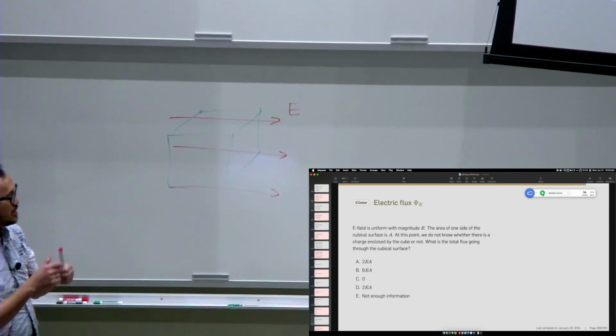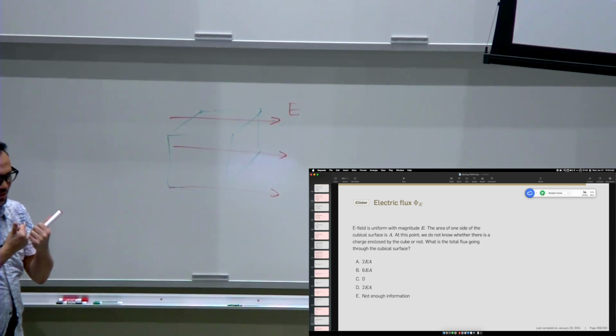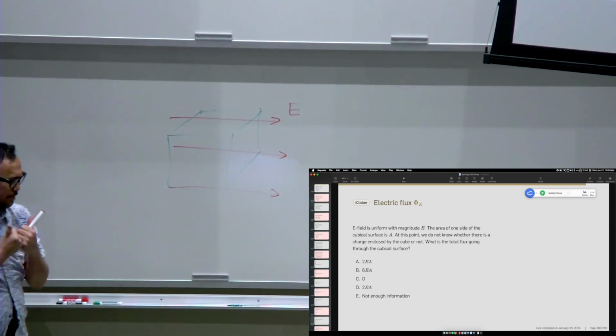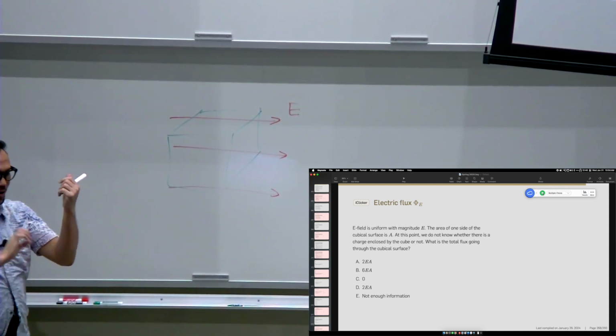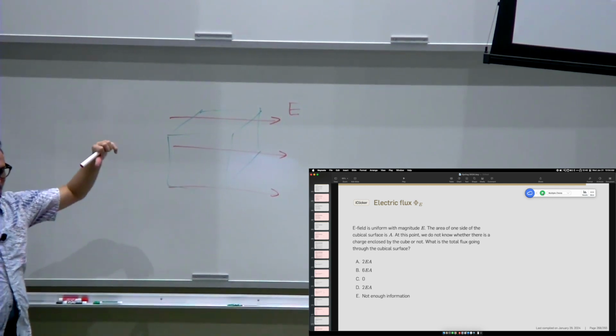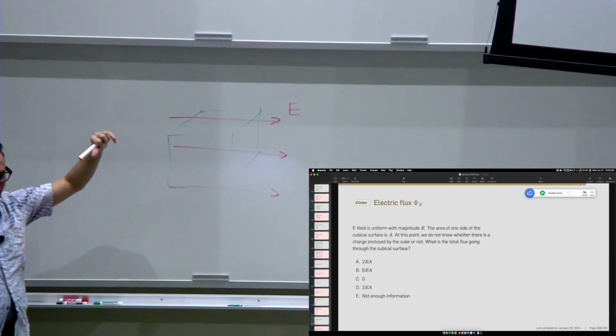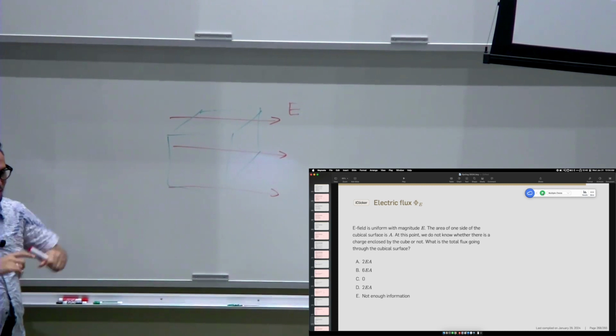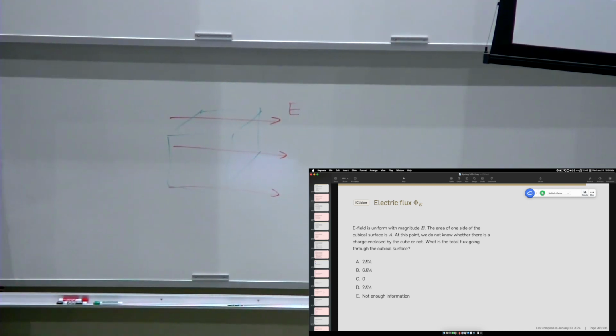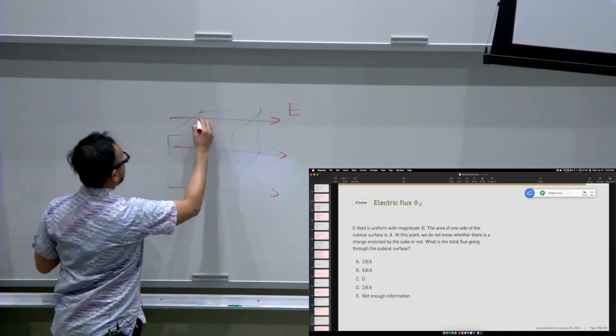Positive flux means the electric field passes through the surface away from the source. Negative is the electric field points toward the surface.